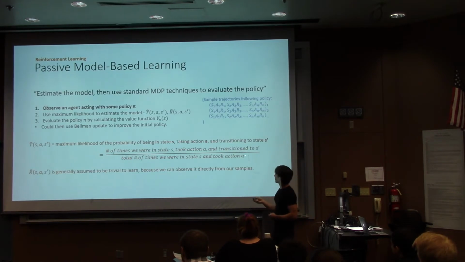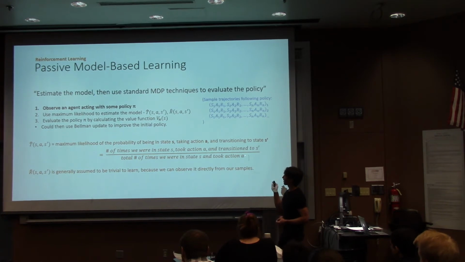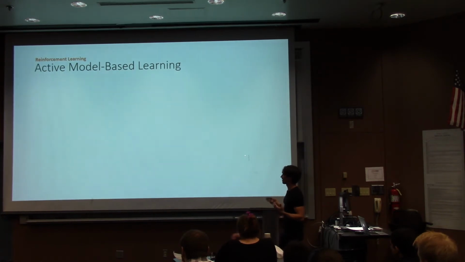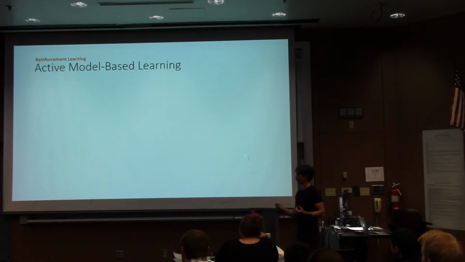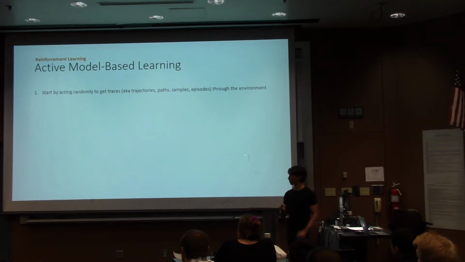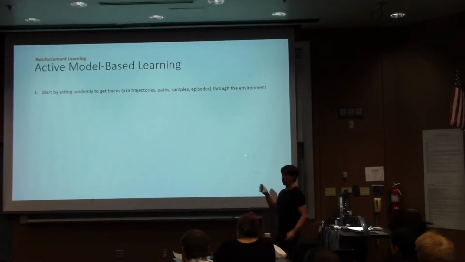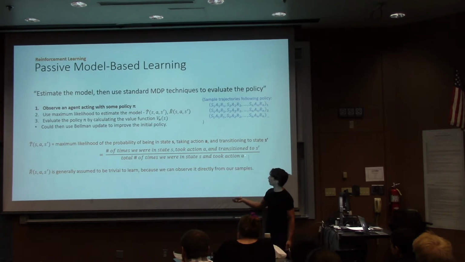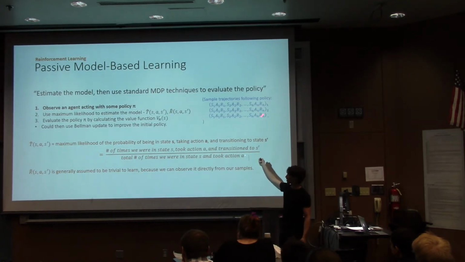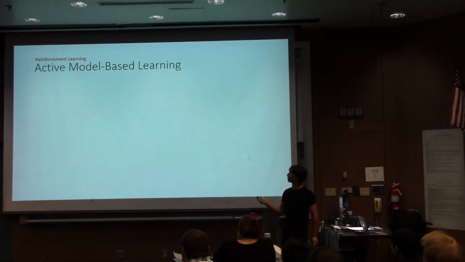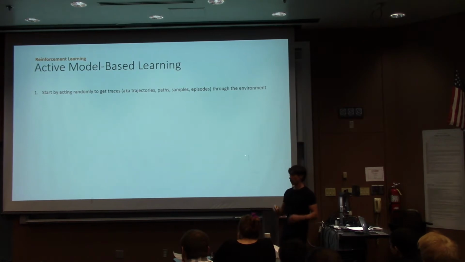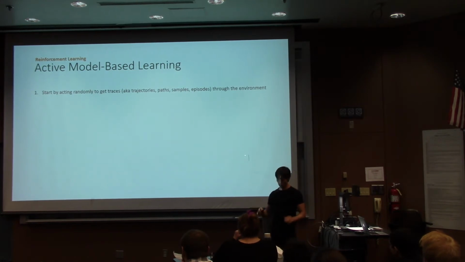But in this case, we get the value function, but that doesn't actually allow us to actively act in the world and to improve our policy. So another thing that we can do is active model-based learning, which is going to start the same way. Except in the last problem, we were observing somebody who was following some policy. In this case, we're going to start acting in a world following some random policy.